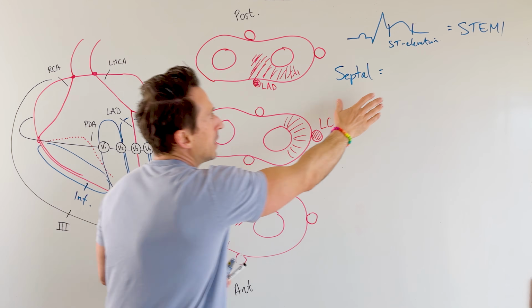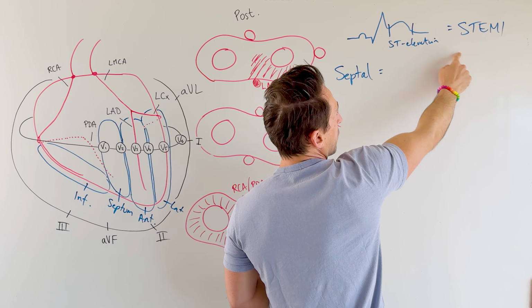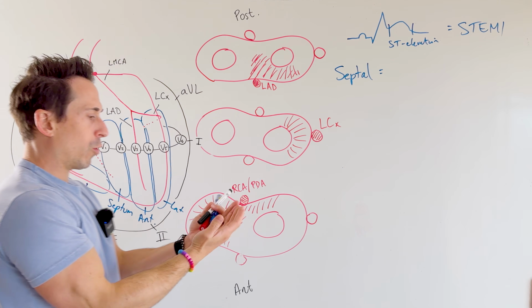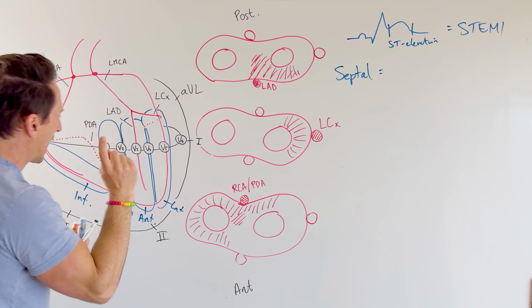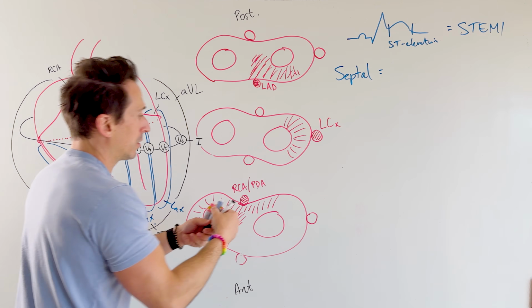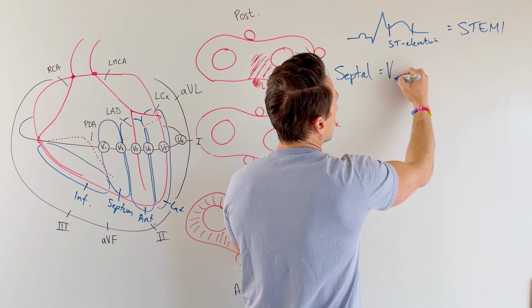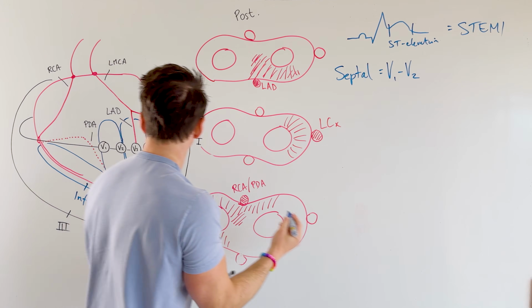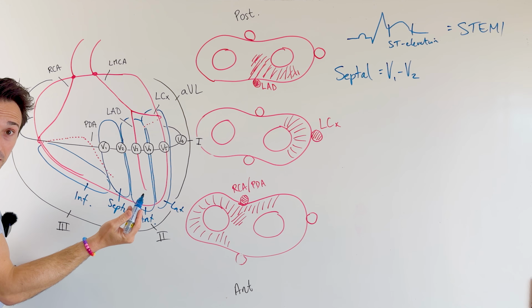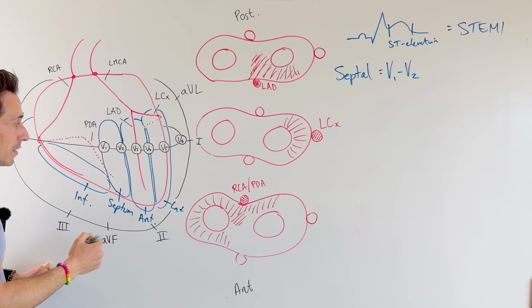Now we go, okay, I see this ST elevation on an ECG and I go, okay, what wall's been affected? Okay, so if I see the ST elevation in V1 and V2, it's given me an idea that it's an anterior septal or a septal STEMI, right?